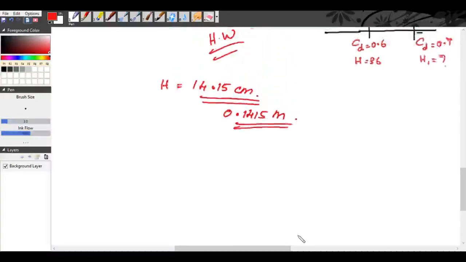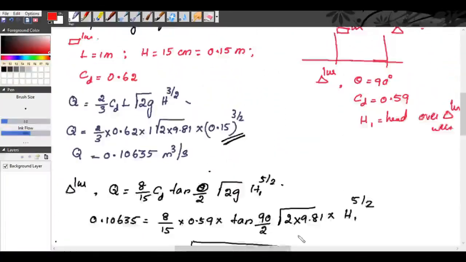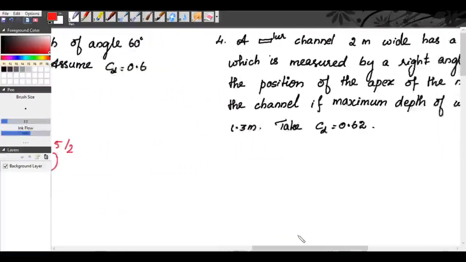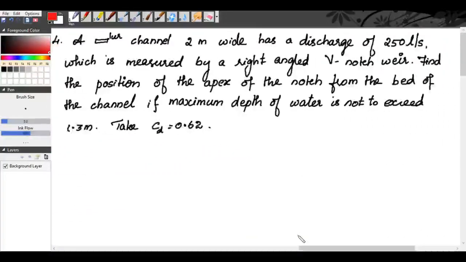Now we will move on to our next problem. Fourth problem. A rectangular channel 2 meter wide, that means length is equal to 2 meter, has a discharge of 250 liters per second.